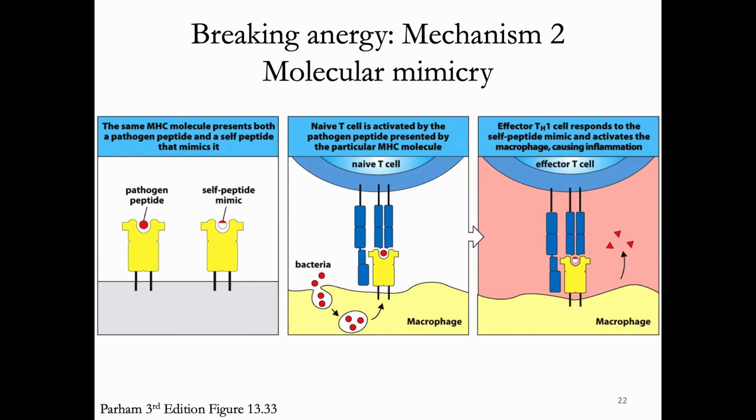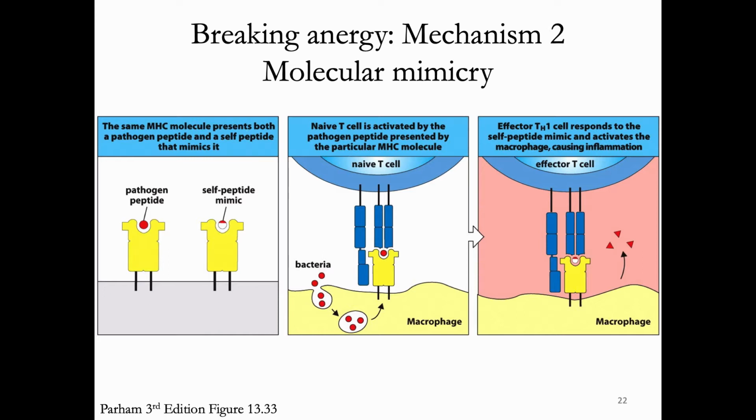It just sees a few of the amino acids that are projecting up towards the T cell, and parts are projecting down. Well, it's possible that the top could look the same between a pathogen peptide and a self-peptide. You can see that they're actually different. The self-peptide is white here, the pathogen peptide is red here. But the top part, the surface that the T cell sees, could look very similar.